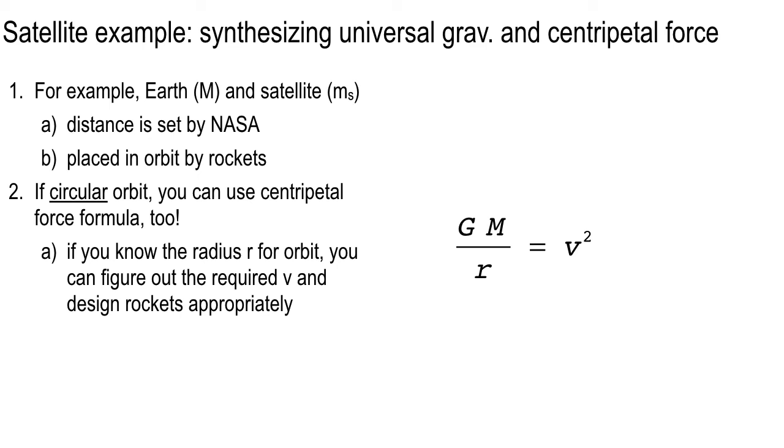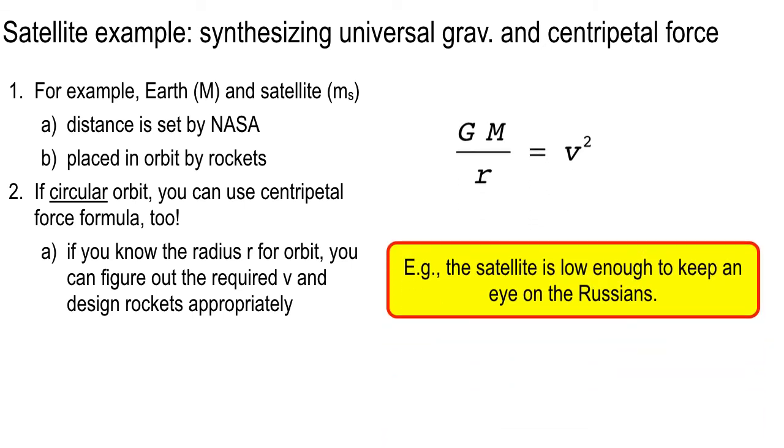Now, when would you want to do that? Well, setting the radius means, for instance, I want to have a low Earth orbit, close enough to keep an eye on the Russians. Back when I was your age and before that, we Americans had beaucoup satellites looking down on the Russians 24 hours a day, as many as we could get up there.